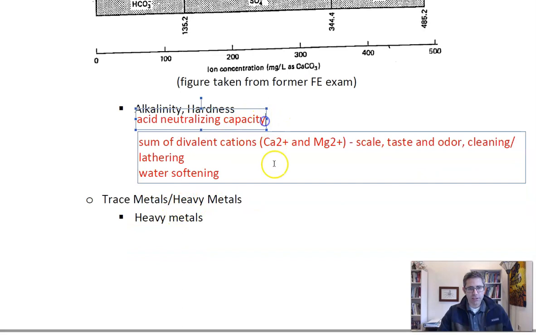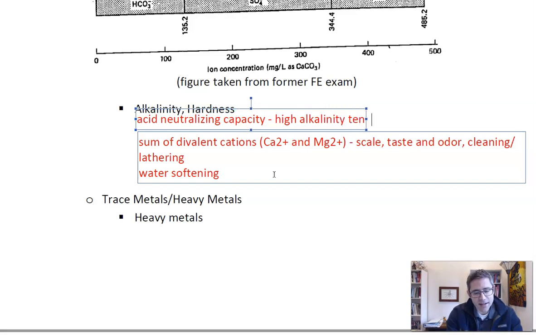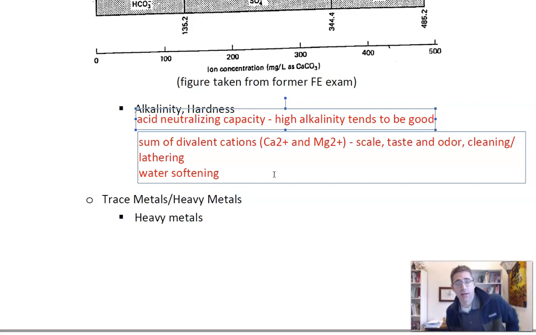One thing I want to just mention about alkalinity, this acid neutralizing capacity that I forgot to mention. So high alkalinity tends to be good. And the reason is that when you have a lot of alkalinity, you have a lot of what we call buffering capacity, where if something was added to the water that would change the pH, the alkalinity will buffer it and keep the pH from varying too much.